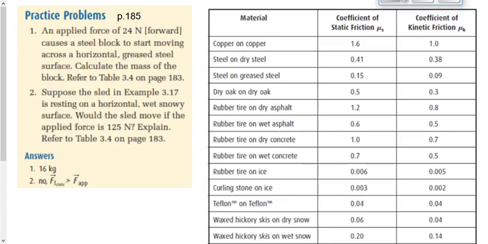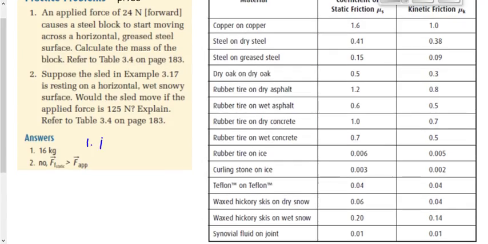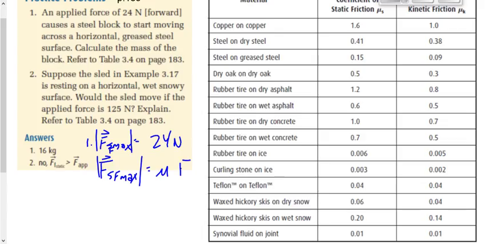We know in question number 1 that I have FSF max, and its value is 24 newtons. I want to find the mass. This is similar to the example question. We're going to say FSF max is equal to mu times the normal force. But what's the normal force for us equal to, usually at least?